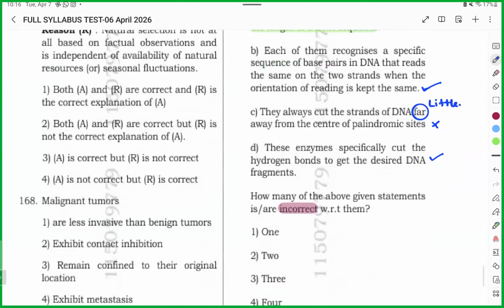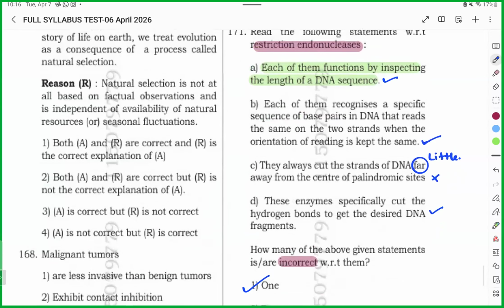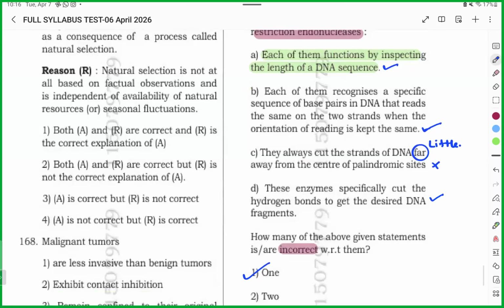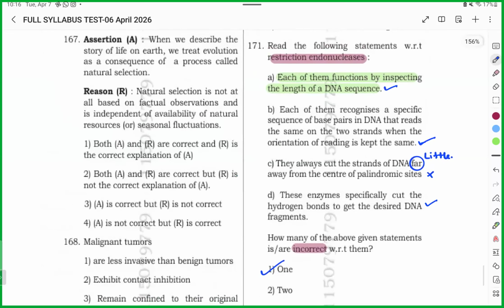They asked how many are wrong. Only one is wrong with respect to restriction enzyme. Sir, D will be wrong, right? Yes, sorry, D is wrong.